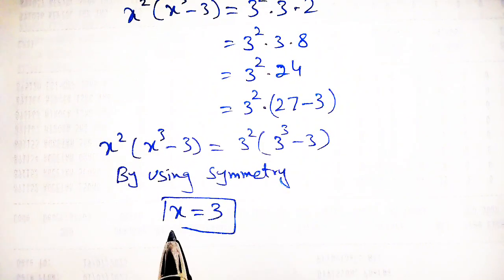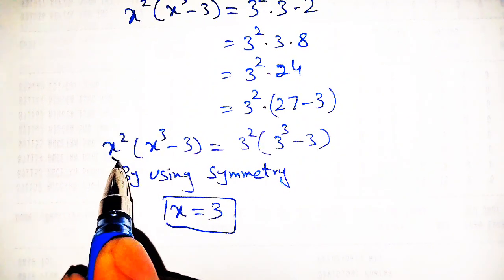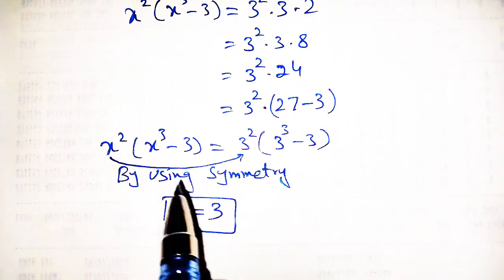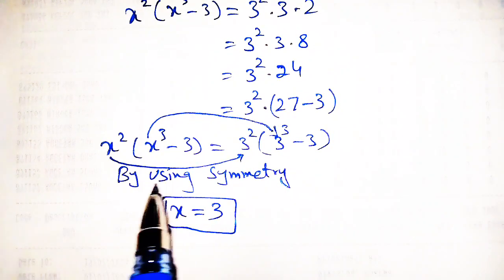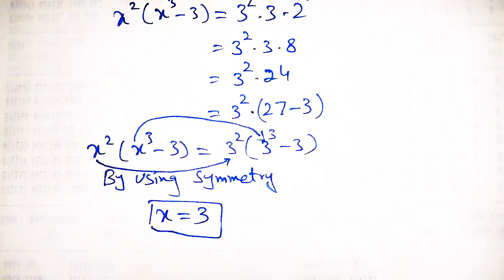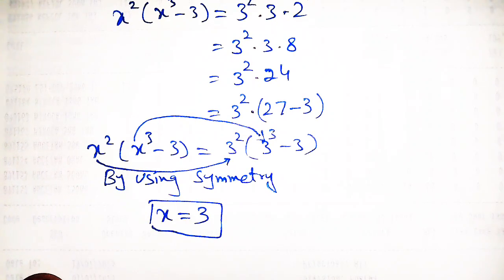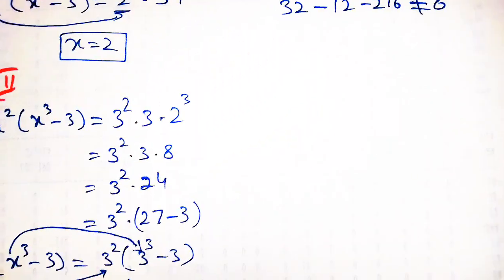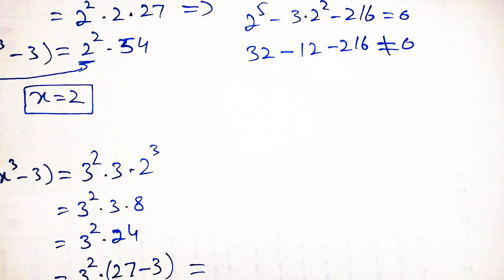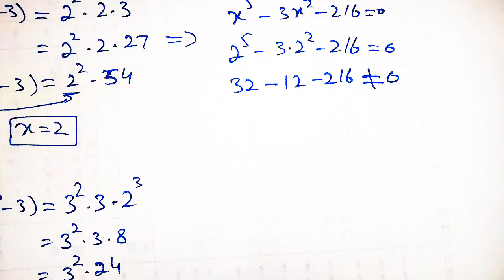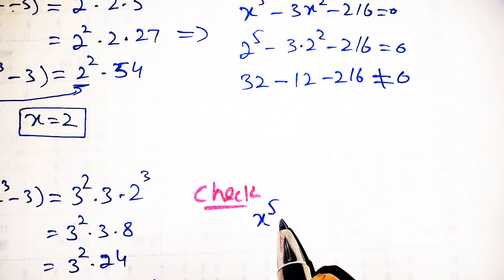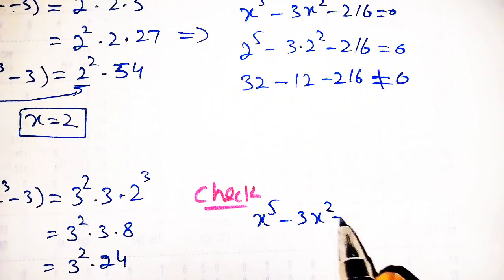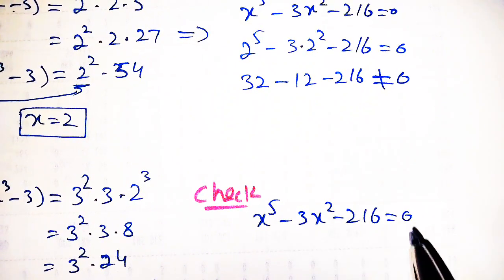That is, by comparing the x square term with 3 square and the term x cube with 3 cube, we will get x is equal to 3. Now to check the validity of this root, we will put this value in the given equation, x raised to power 5 minus 3x square minus 216 is equal to 0.